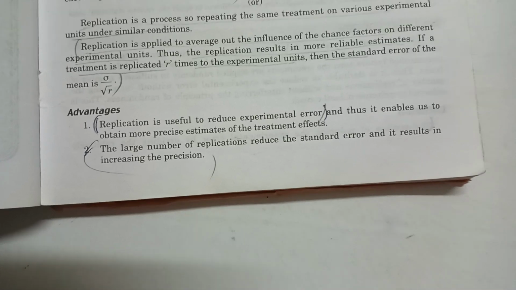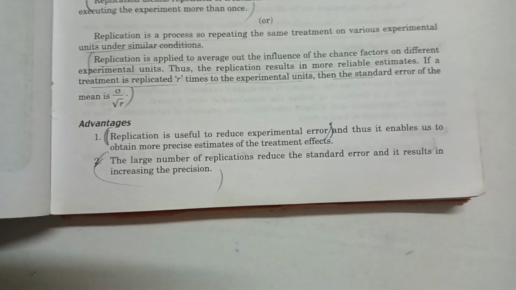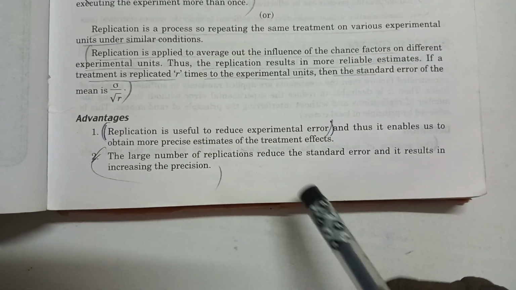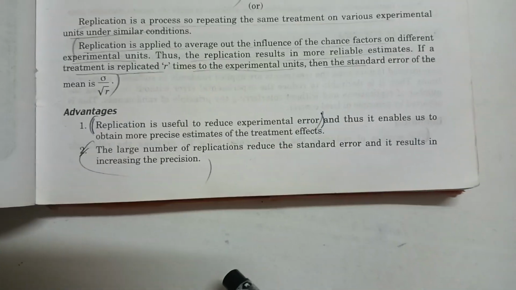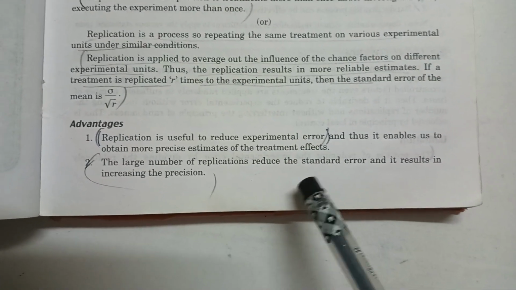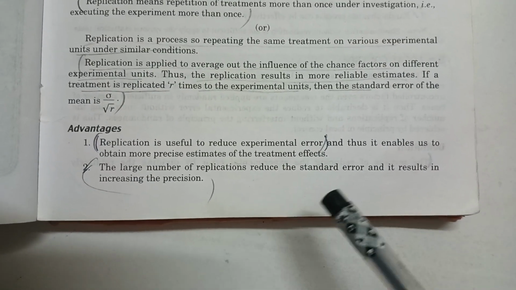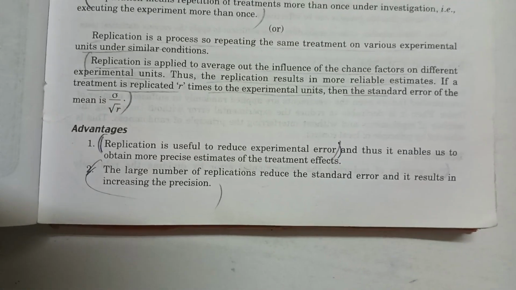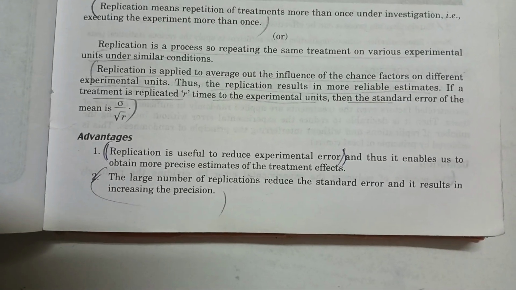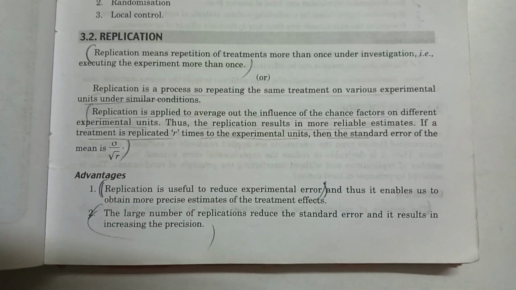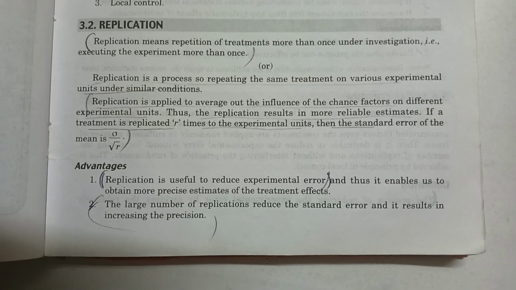So by applying replication, we can avoid the experimental errors, and also we can remove standard error values, and it gives more accurate values in the result. So that's why this is a very important definition, that is replication.